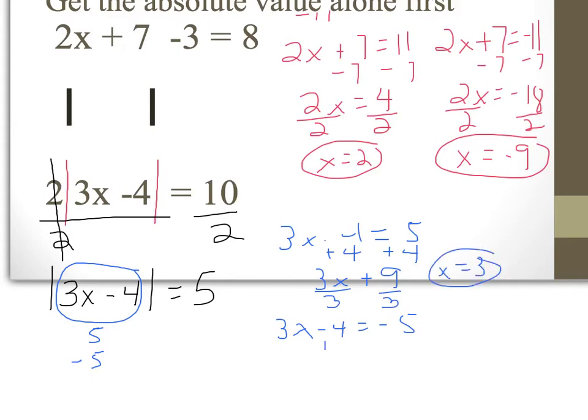In the second one, if I add 4, I get 3x is equal to negative 1, divided by 3, so x is equal to negative 1/3. Both of these statements would be true. Just remember in this section that you first want to get the absolute value alone, and then figure out your two equations.